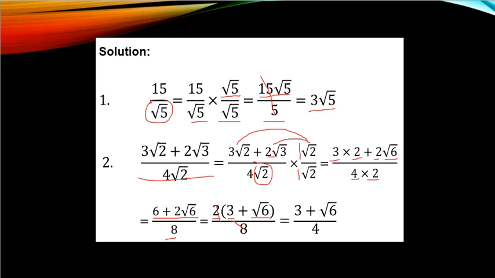You are left with 3 plus root 6 all over 4 in the denominator. You have successfully changed the irrational number root 2 to a rational number 4. That is the process of rationalizing the denominator of a surd when you have a single surd in the denominator. Okay.